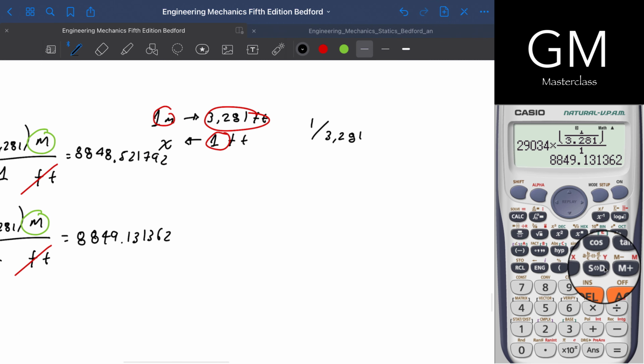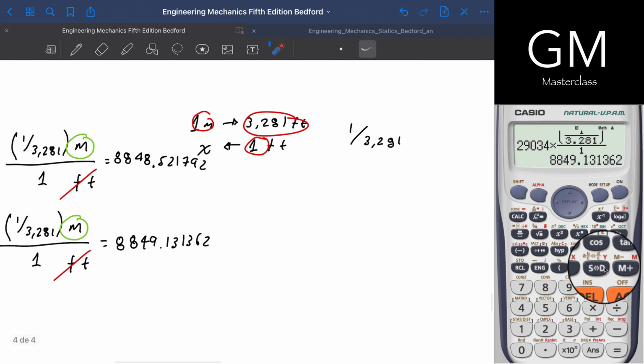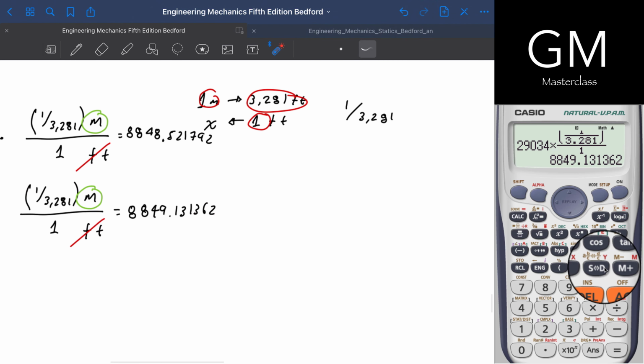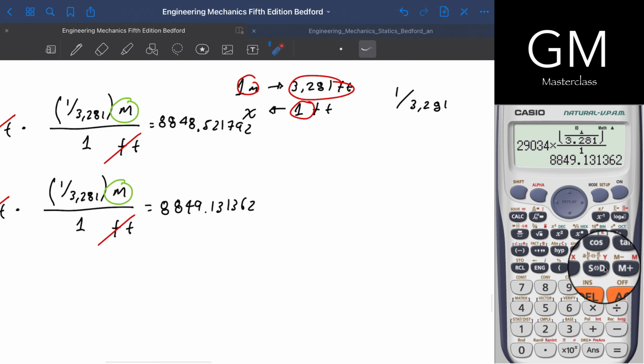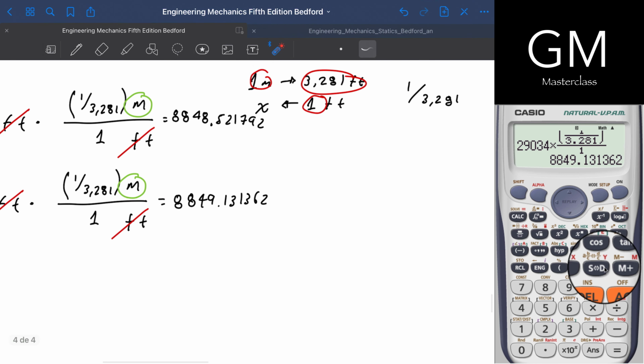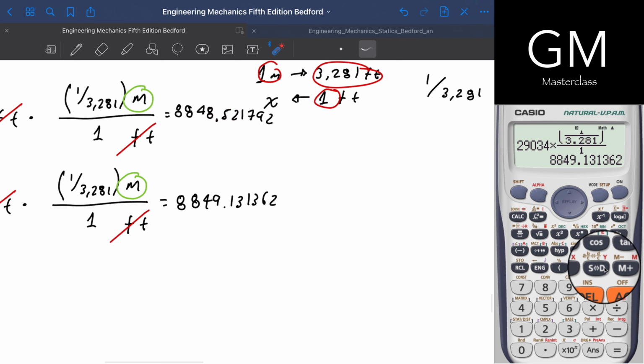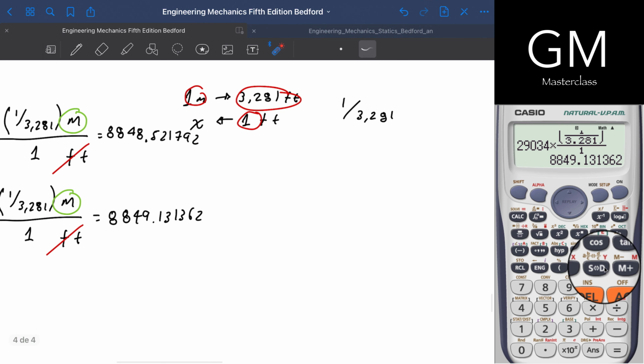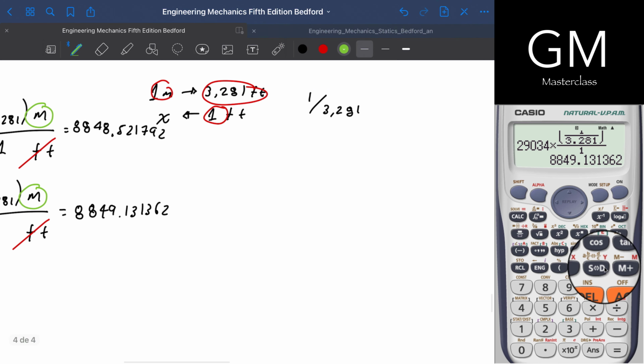So can I do the same thing with this number as I did with these two numbers? Let me check it. If I round these numbers that are after the point, I'm going to get a 1 here, and here I'm going to still get a 5. So I cannot round these numbers. And here's the explanation for that.